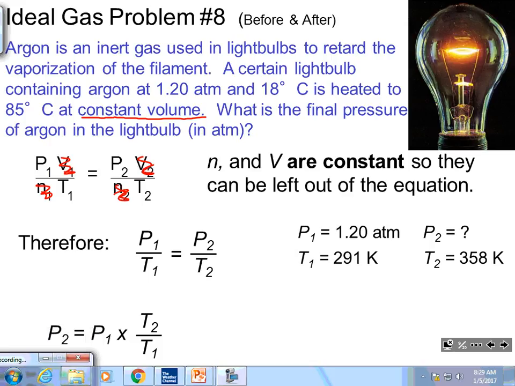And I work my equation in order to solve for P2, so P2 is going to be equal to P1 times T2 all over T1.